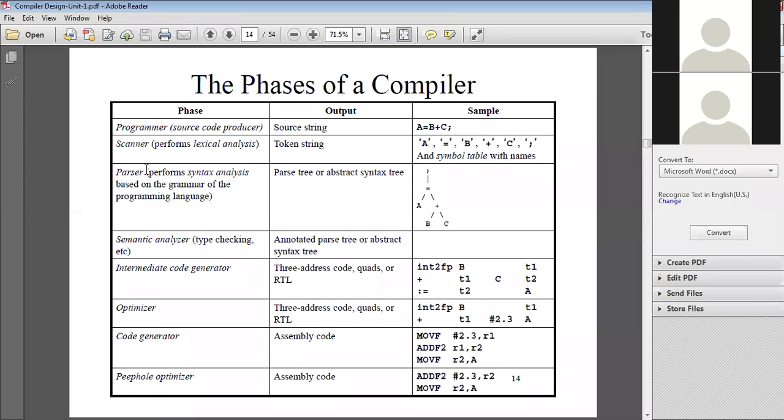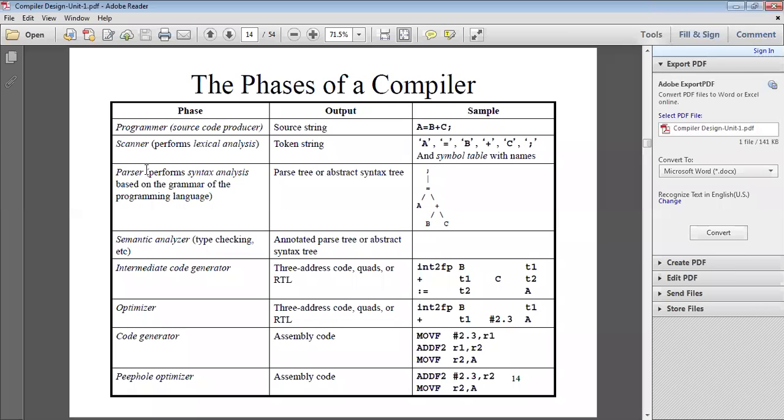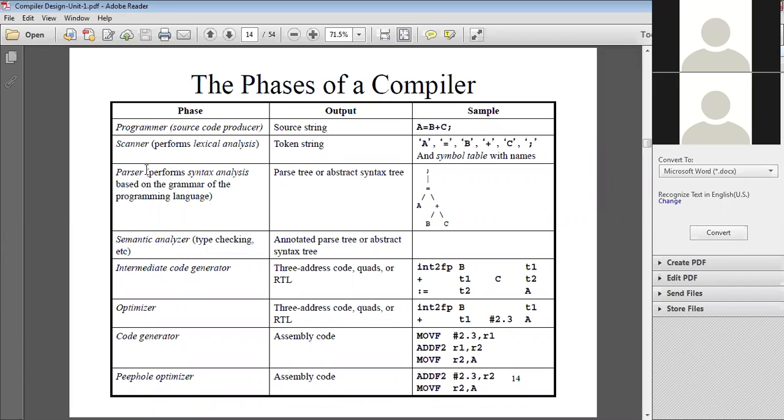So the parser makes the parse tree from the different tokens we get from the strings. Now you can see in the third row, we are able to make the parse tree. Here we can draw the parse tree for A equal to B plus C. So this is the parse tree for that.